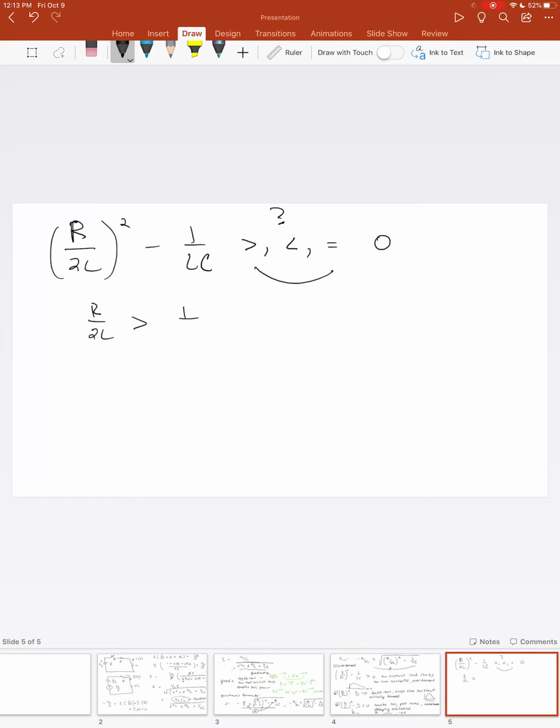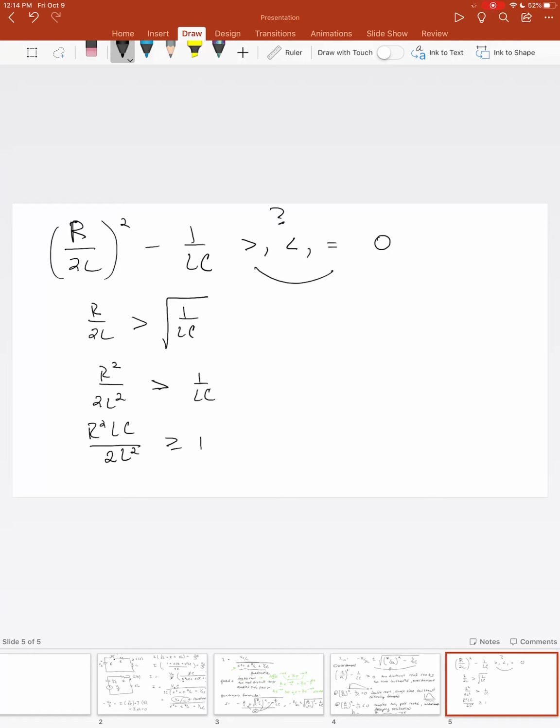So if R over 2L is greater than the square root of 1 over LC, you could do some rearranging. You could square both sides: R squared over (2L) squared greater than 1 over LC. You could multiply through by L and C, and get R squared LC over (2L) squared greater than 1.